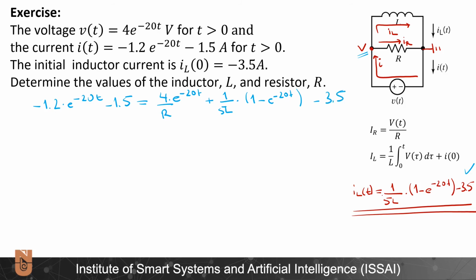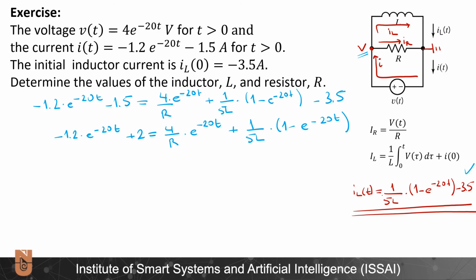Let us simplify this expression a little bit. Minus 1.2 times e to the minus 20t plus 2 is equal to 4 over R e to the minus 20t plus 1 over 5L times 1 minus e to the minus 20t. I actually only added 3.5 to both sides.